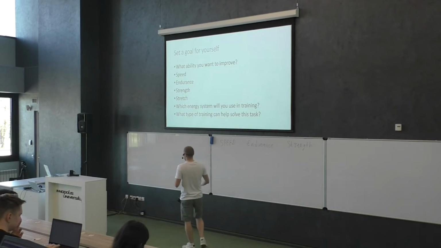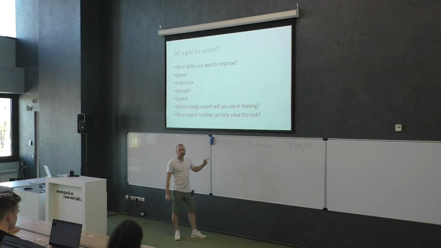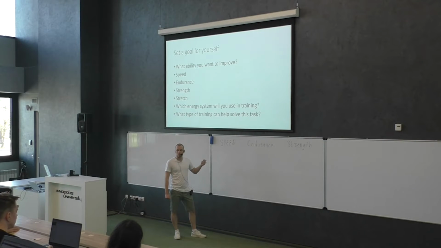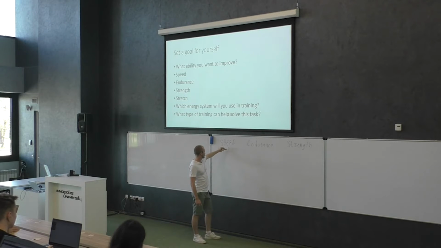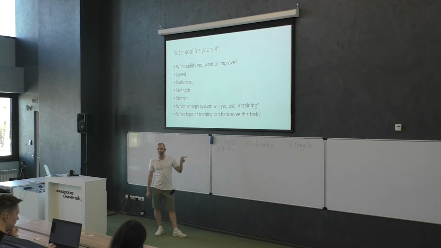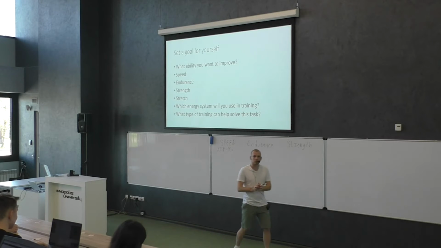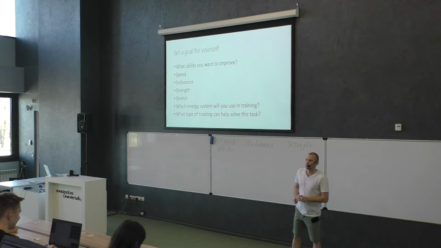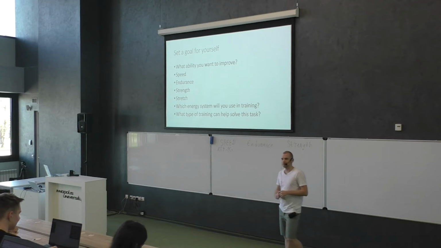But as you know, in the first type, for example for 100 meters, you need to improve the ATP-PCR system, the adenosine triphosphate phosphocreatine system. For endurance, for example, you want to improve your 400 meters running.